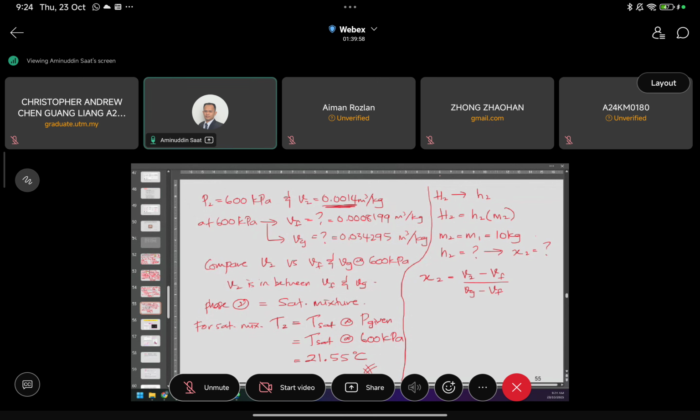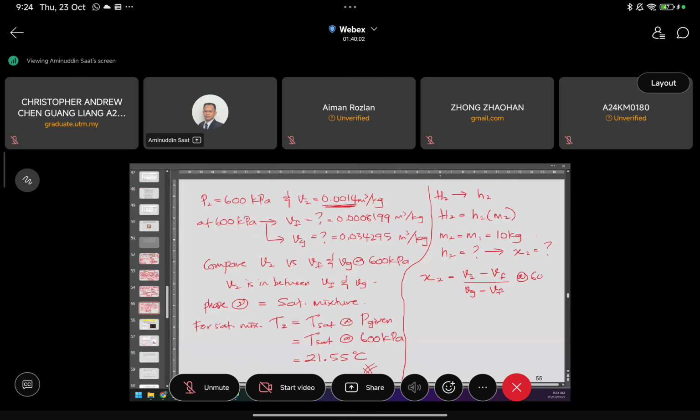Okay, this one is at 600 kilopascal. Okay, so once you can find the X2, then you can find H2 using the equation of Hf plus X2 Hfg at 600 kilopascal.